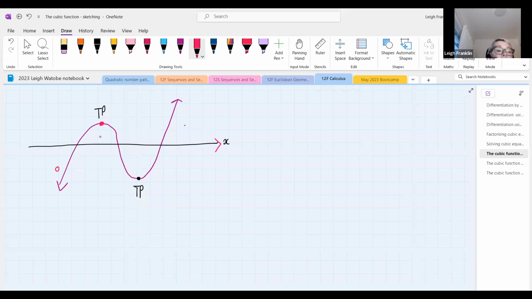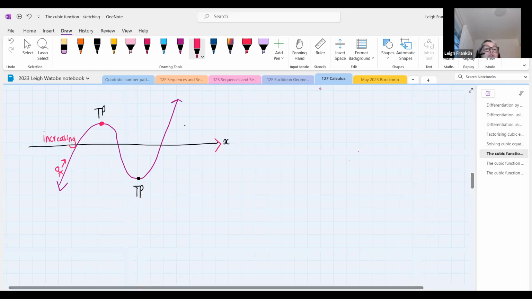If you were standing over here and walking towards the turning point, are you walking uphill or downhill? You're walking uphill, absolutely. So your function is an increasing function.